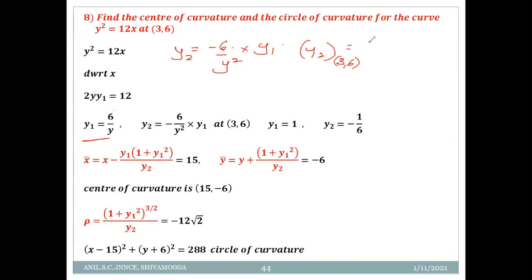Substitute. Minus 6 divided by y square. Y is equal to 6. 6 square is 36. Into y1. y1 is 1. Therefore, this is equal to minus 1 by 6. Rest you can do. You find x bar and y bar.